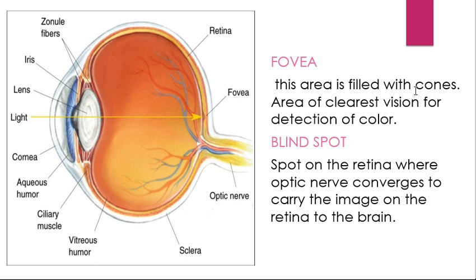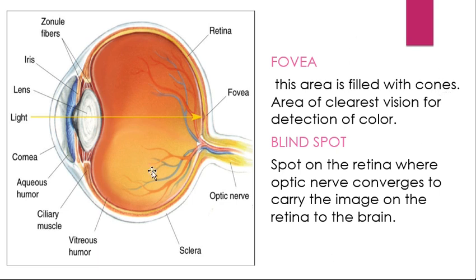What are cones? Cones are the receptor cells which produce color vision. So this part is specialized for detection of color. Fovea on the retina is specialized for color vision due to the presence of cones.